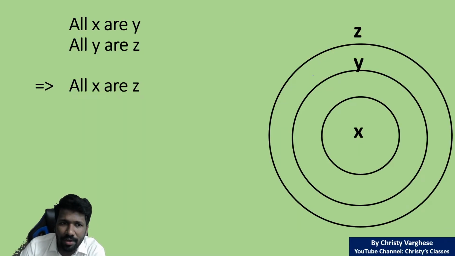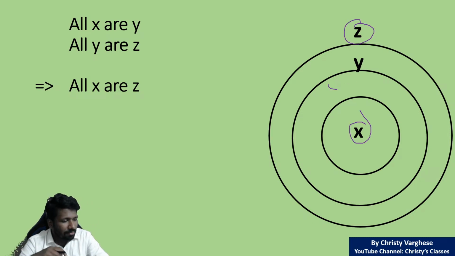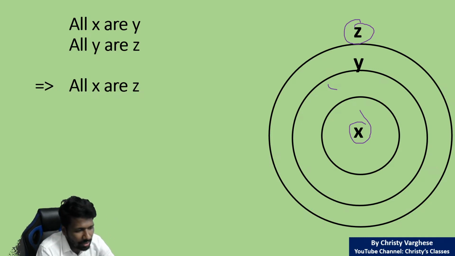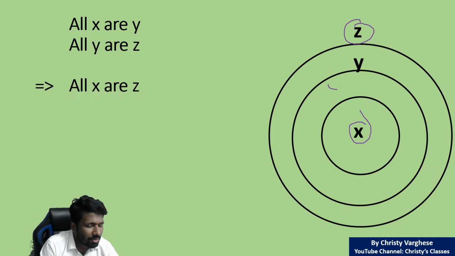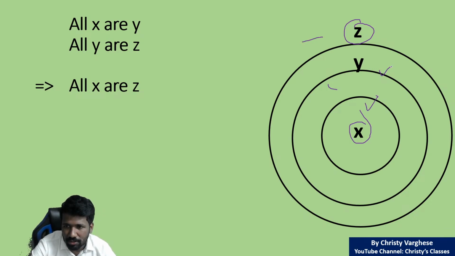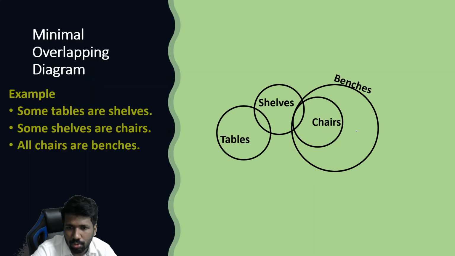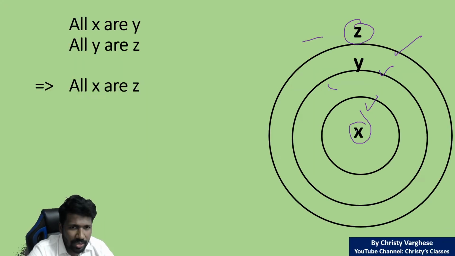Now all x are y, all y are z, you can say all x are z. We already discussed that with the example. All humans are mammals, all mammals are living beings, then all humans are living beings. All x are y means x is a subset of y. All y are z means y is a subset of z, then all x are z is also true. So this much theory is clear now.